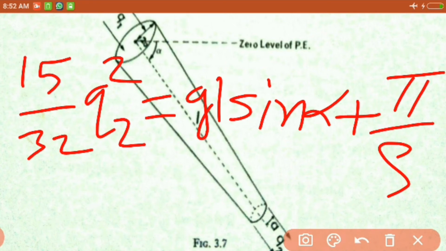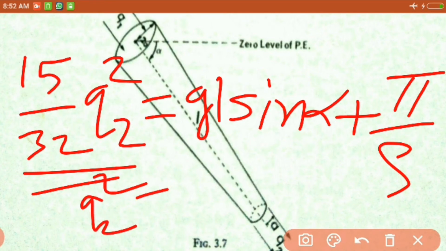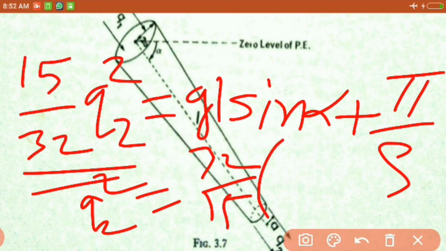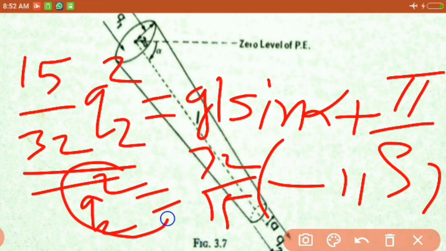This is the delivered exit velocity. So Q2 square is equal to 32 upon 15 into this part, and then find the square root of this Q2, and you will get the result.